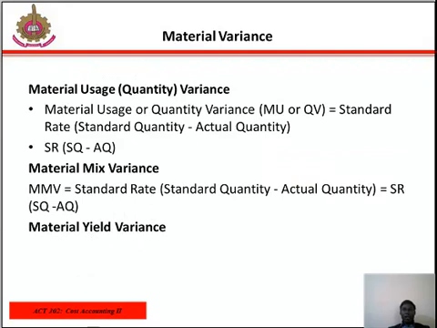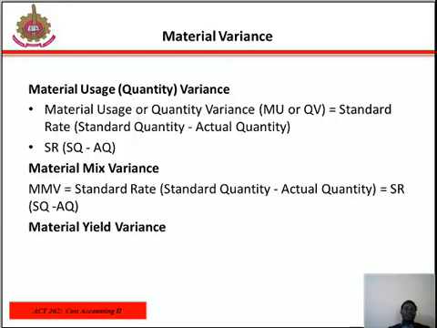Material variance. Because we have talked about material price, this is material usage. Material usage or quantity variance equals standard rate times standard quantity minus actual quantity.